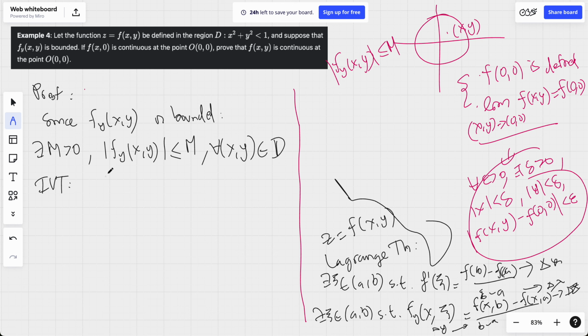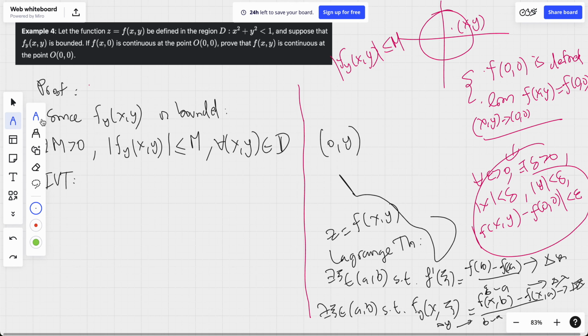So we're gonna look at when in this interval, so 0 to y. So basically we have f_y of (x, c), or c, I'm not sure how to call it, is equal to f(x, y) minus f(x, 0) over y minus 0, so it's just y, right?